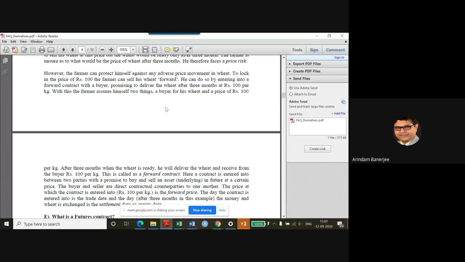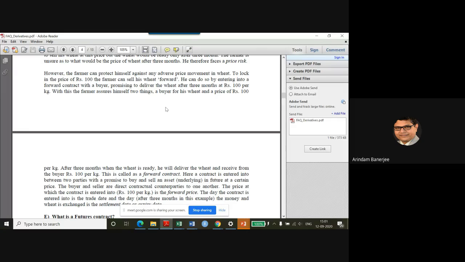For example, if my spot price is 100 and my risk-free rate for 1 year is 5%, then today the future price should be 105. But if it is not 105, if it is 107 or 103, then it may create an arbitrage opportunity.